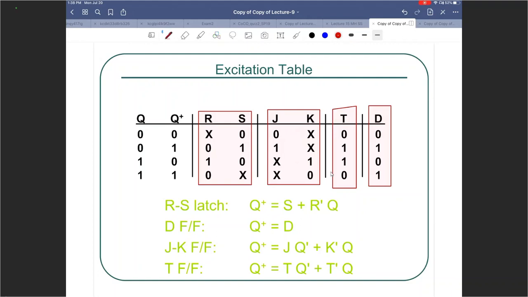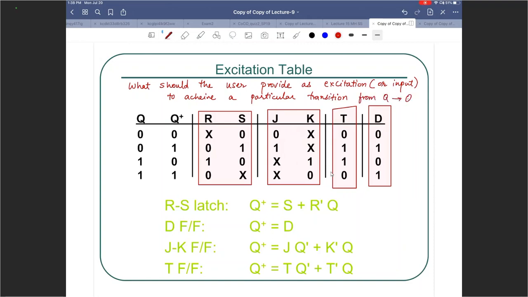Let's write the question. What should the user provide as excitation or input to achieve a particular transition from Q to Q plus, right?